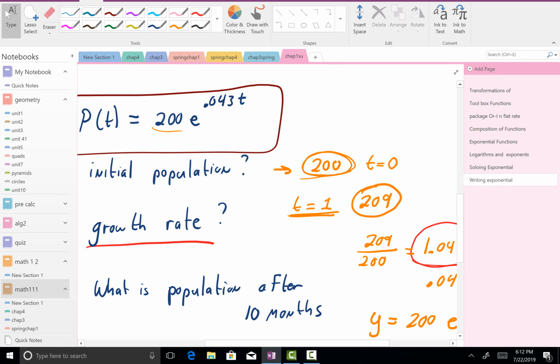Okay, we're trying to find that growth rate. So then we say, hey, if we put 1 in there, okay, that's going to tell us what it is after 1 month. And then we can do this division to find that growth factor. Okay, so we just put 1 in there. That's why now all we're doing is putting 10 in there to figure out what it is after 10.